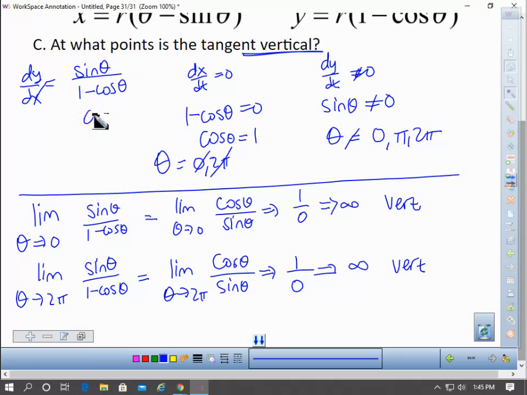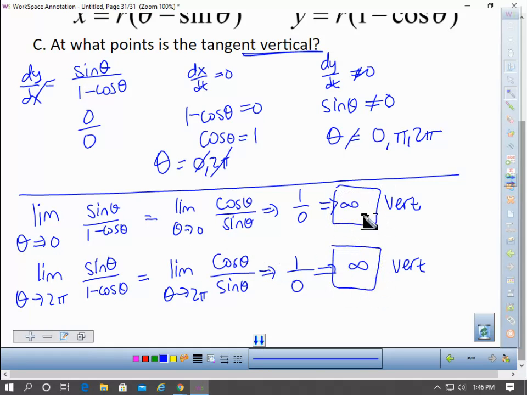I end up with 0 over 0. So I have to do another investigation to figure out what's really happening at the values 0 and 2 pi, because I get 0 for both my numerator and my denominator. So you take your limit and you let theta go to 0 and then do L'Hopital's rule. So you can investigate to see what these answers are.